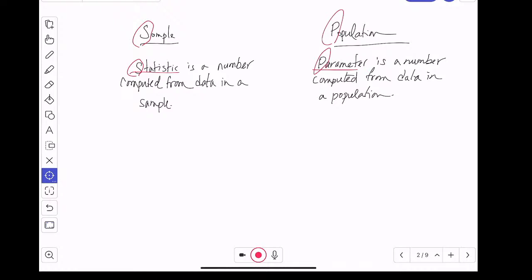The statistic is meant to estimate the parameter. So the parameter is really our goal.